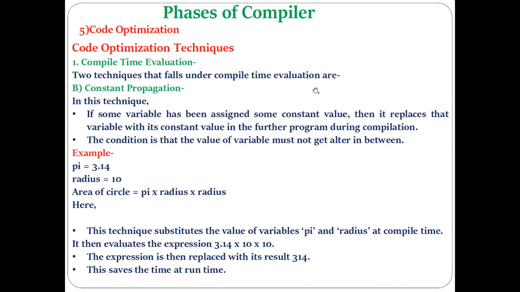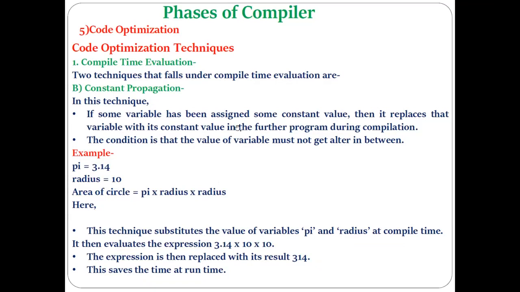Compile time evaluation is the most important technique; usually the compiler does this kind of code optimization on our program. That is the first technique of code optimization, compile time evaluation, where we make the evaluation of the program, that is the intermediate code, without doing that at runtime if it is possible.